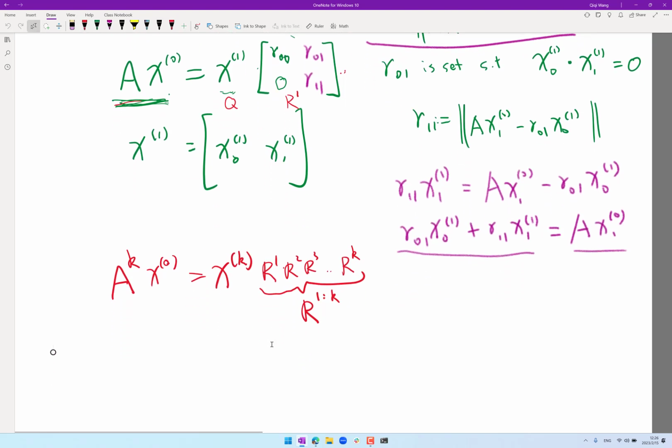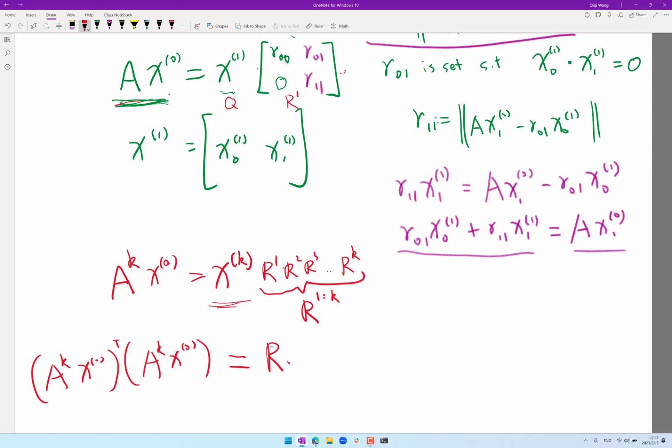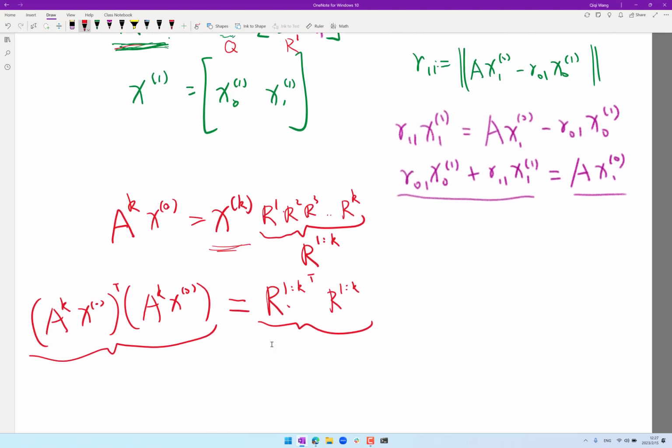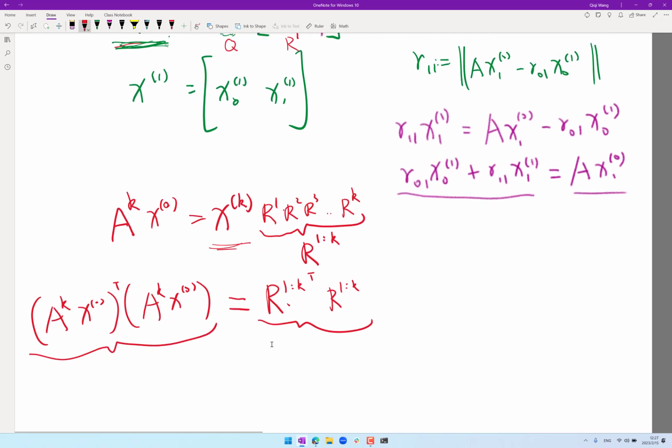Then what's interesting is that if you take the transpose of this and multiply it with itself, A^K X0 transpose A^K X0, that's going to be equal to, the orthonormality of the matrix is going to make it cancel out, R from 1 to K transpose R from 1 to K. You can analyze the determinant of this matrix, and it turns out that the determinant of this matrix as time goes on is just going to be equal to the first eigenvalue to the kth power times the second eigenvalue to the kth power, squared, right? Because there is a multiplication with itself.